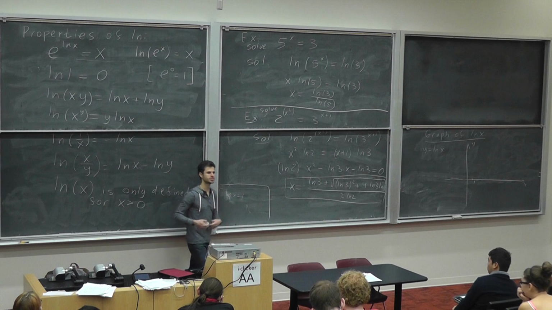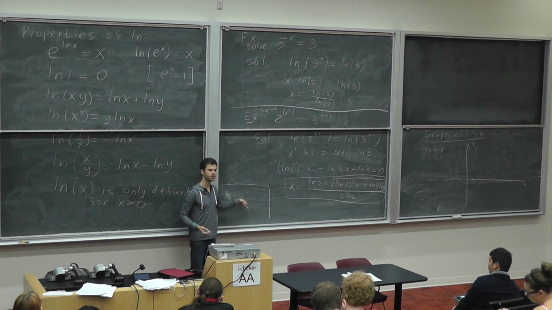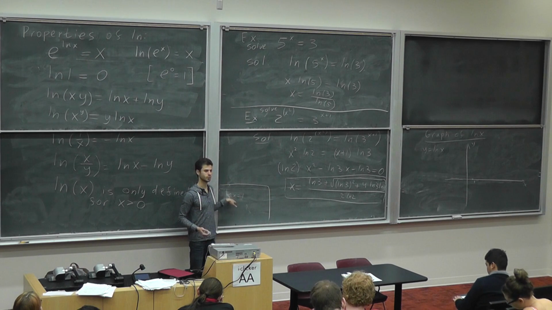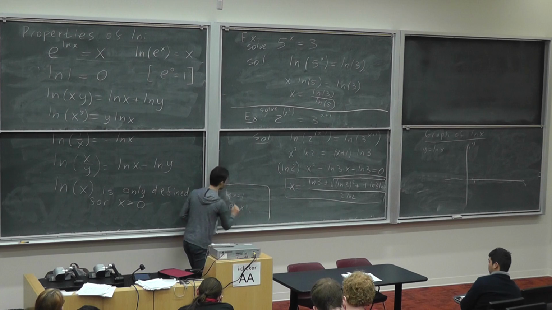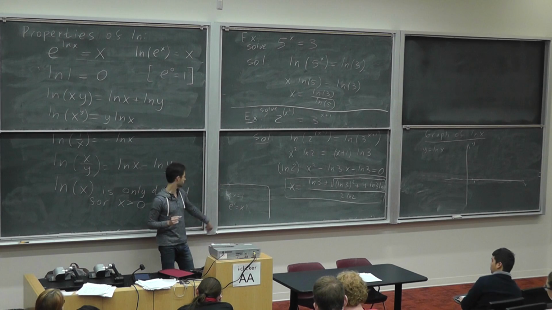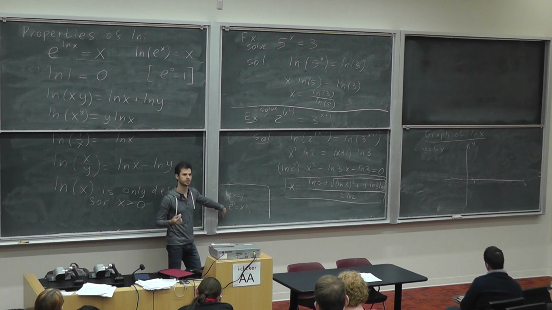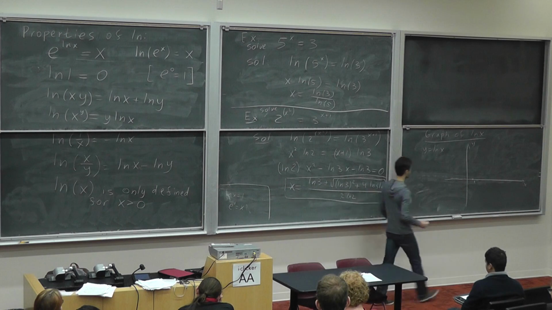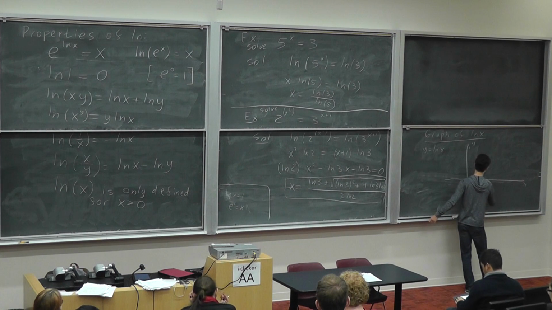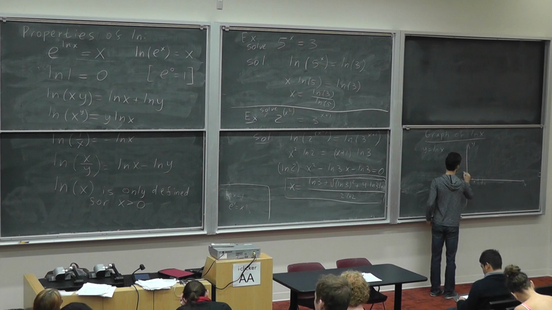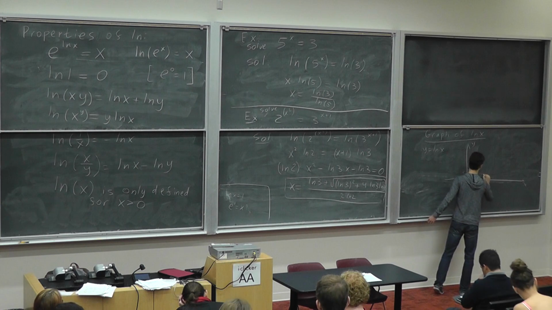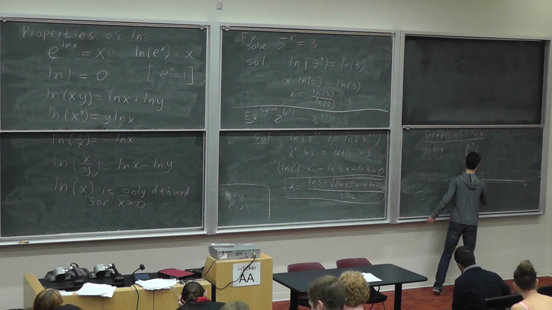It means that once you raise e to this power y, you get x. So what does it mean that ln of some number is equal to 1? It means that if you raise e to the power 1, you get this number. So x is just e. Let's go back to this graph. 2, 3, and somewhere here is e. Here is 1. We get a point here.